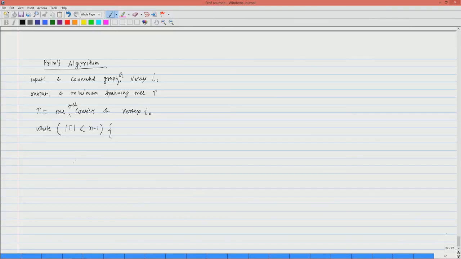you do the following. What you do is find the nearest neighbor of the current tree T. See, before I wrote here S complement.